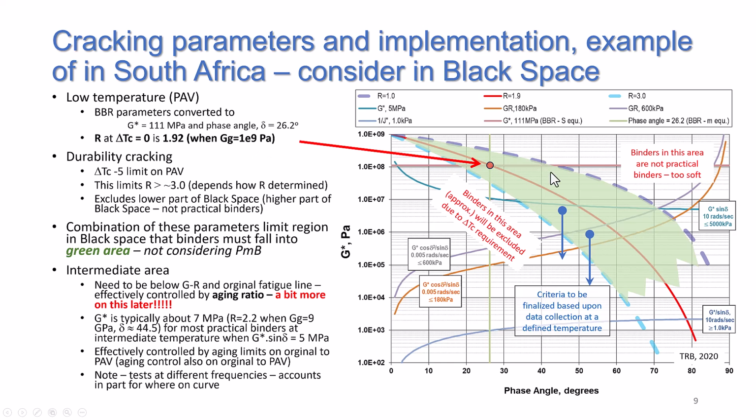So as I said previously, binders in this area here would basically be binders that are controlled by the stiffness, or they would have a delta TC which is positive. Binders on this side would be controlled by the m-value, the lower temperature, the lower grading temperature, and they would have negative delta TCs.